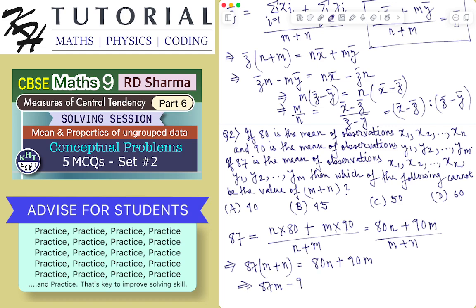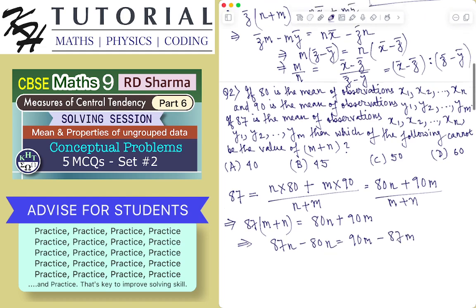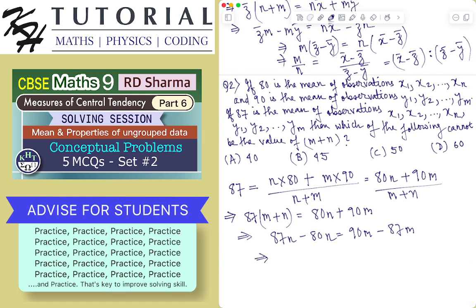Let's bring all the m terms to the right hand side and n terms to the left hand side. I have 87n minus 80n is equal to 90m minus 87m. So basically I am trying to find the ratio of m is to n. This implies 7n is equal to 3m, or m is to n will be 7 is to 3. So the ratio of m and n is 7 is to 3.